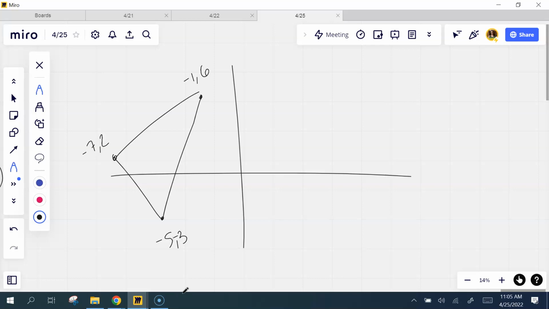If you graph the inverse of that, so if I switch all the x's and y's here, I end up with 2, negative 7, negative 3, negative 5, and 6, negative 1.